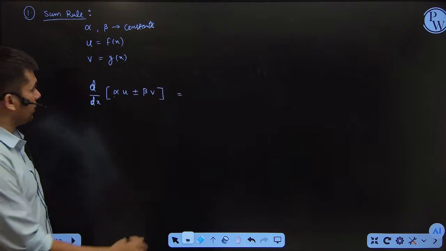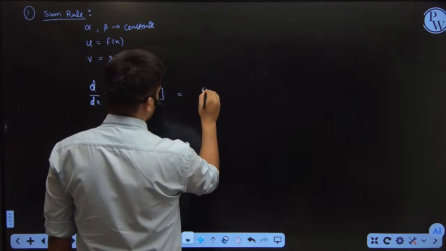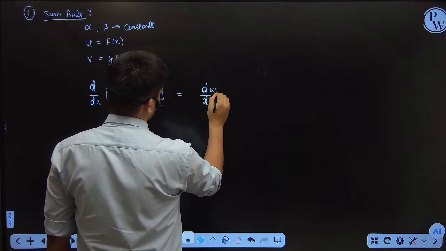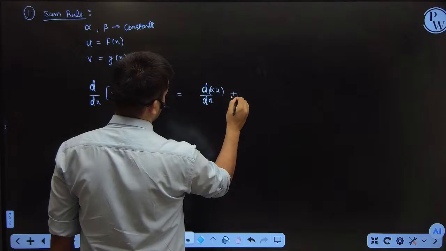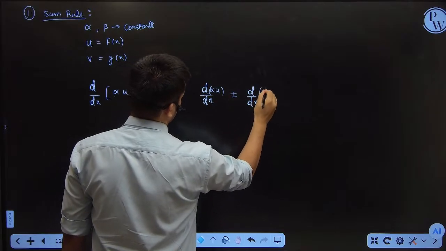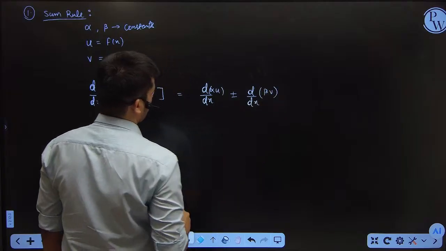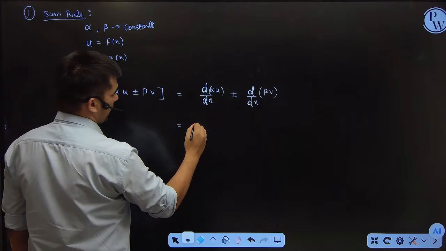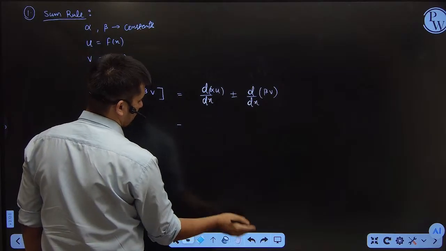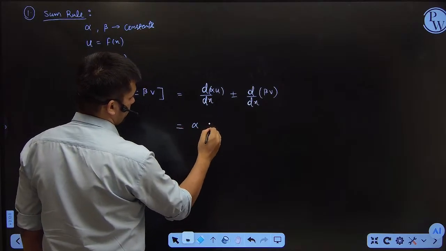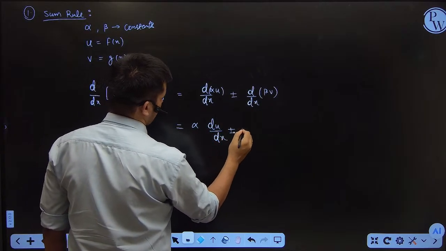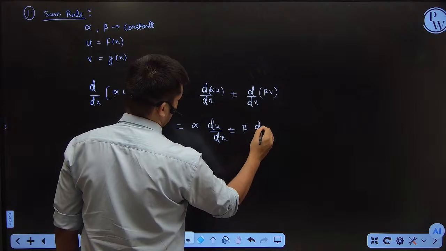Okay. So what you'll be doing is separating these two first. d/dx of alpha u plus minus d/dx of beta v. In the next step, what you will be writing here is alpha times du/dx plus minus beta times dv/dx.